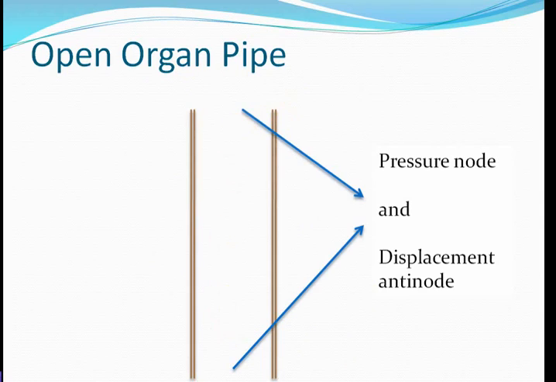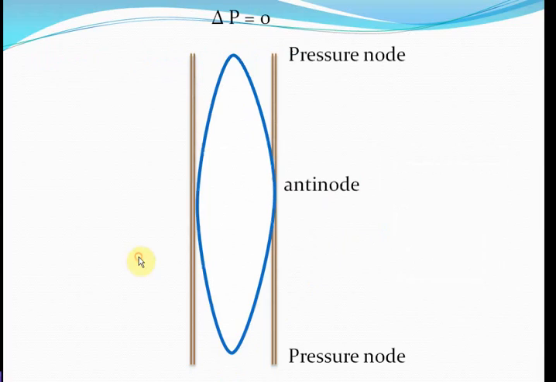So what will be the fundamental frequency in this case? What will be the fundamental waveform of the standing wave that will be formed? All we have to do is create a node here and a node here, and we can form a waveform, this one. So this will be the fundamental waveform in the case of an open organ pipe.